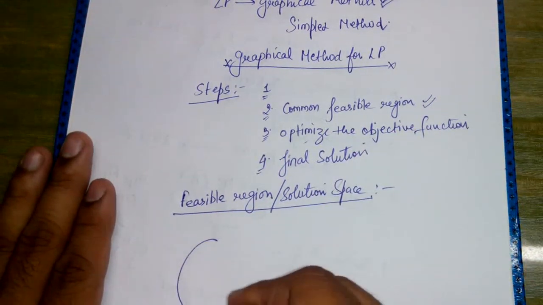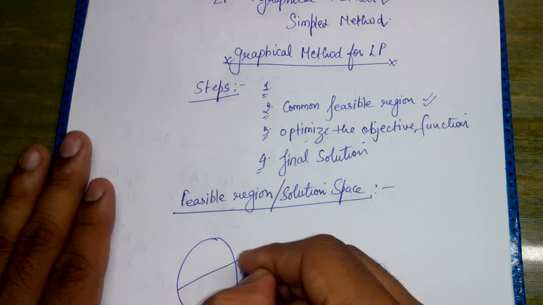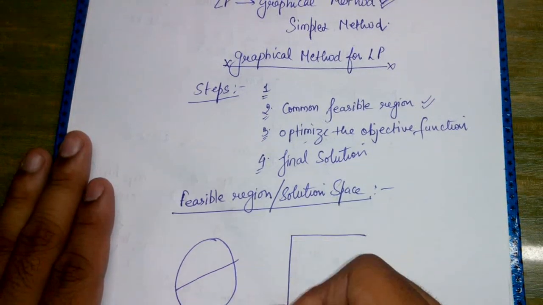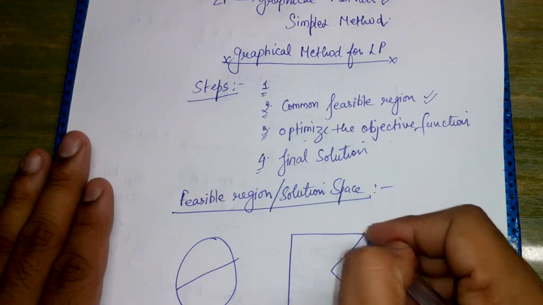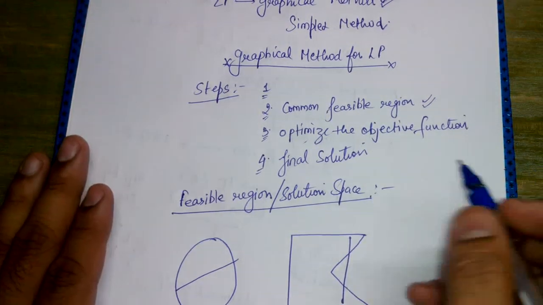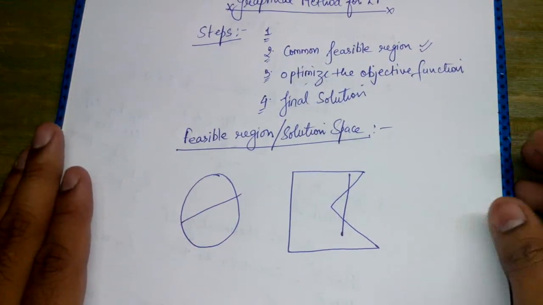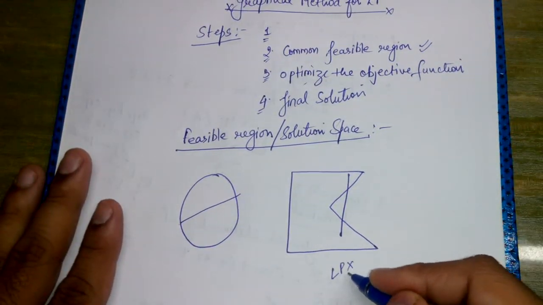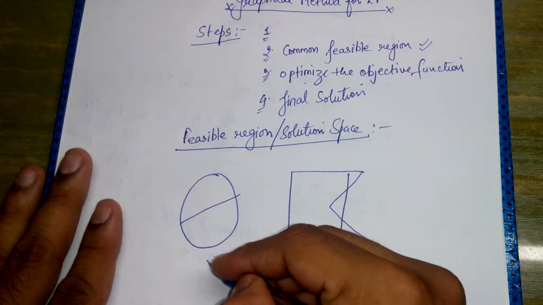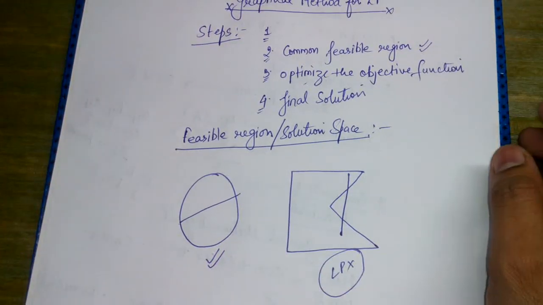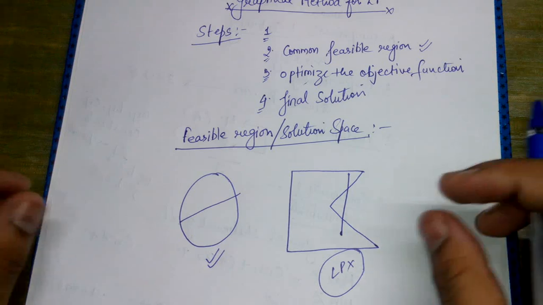Now for the convex set, it simply means like this, and for the non-convex set, it simply means like this. That means it should cover all the points within the given space. So LP can't be applied for this region, whereas LP can be applied for this type of region. What is a convex set?